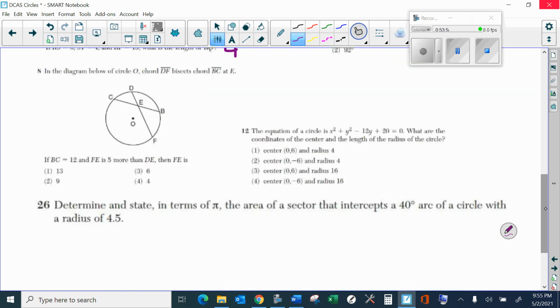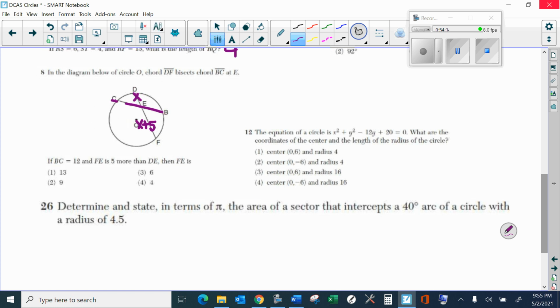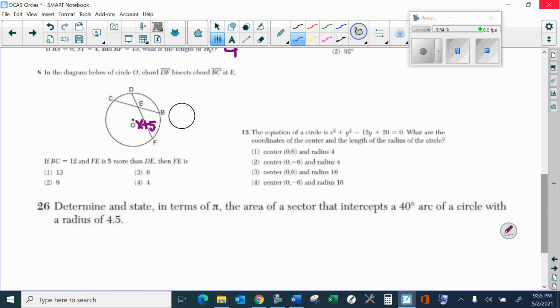All right, here we have BC is 12. The whole length is 12. Okay. FE is 5 more than DE. So DE is X, and this is X plus 5. The whole thing is 12 right here. Okay, BC is 12.